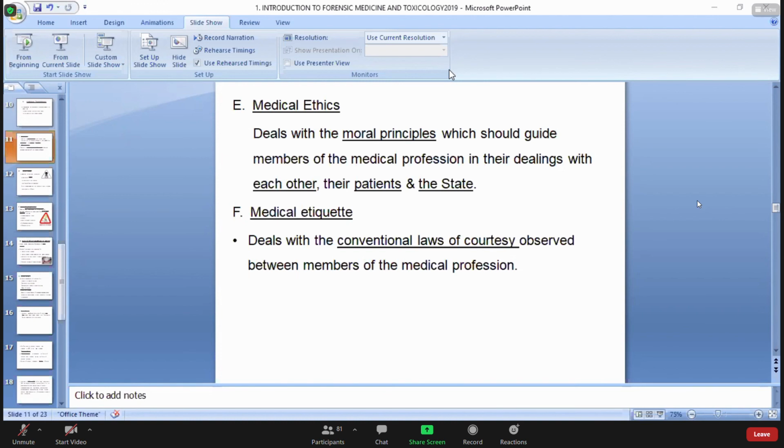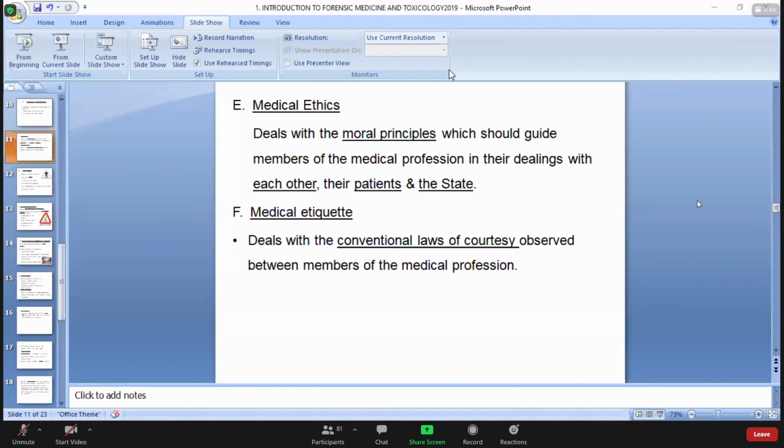Next comes medical etiquette. Medical etiquette deals with the conventional laws of courtesy observed between members of the medical profession. What is the duty towards your colleagues? I'll give you two examples, Aman and Abhishek. A patient came to Aman, and Abhishek got angry that the patient went only to him, so Abhishek might damage Aman's reputation by saying he is not a good doctor, not qualified. That can be possible. Now you are friends, but tomorrow as professionals you may become rivals. So the conventional laws of courtesy are also defined in the council's code of conduct. WHO has also defined it.